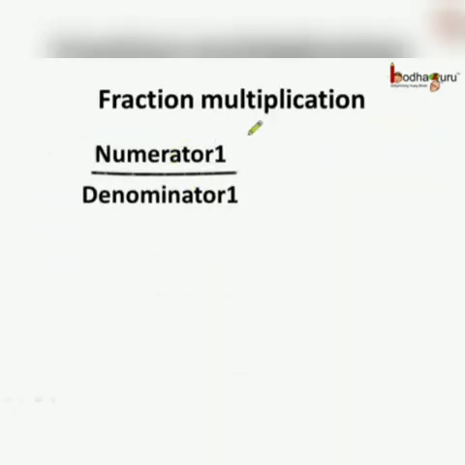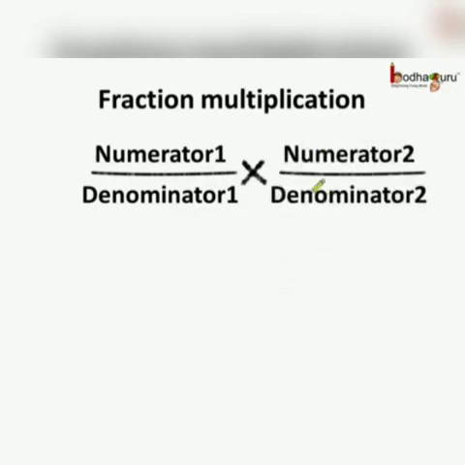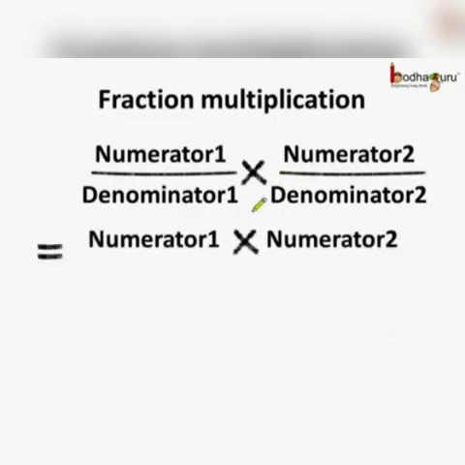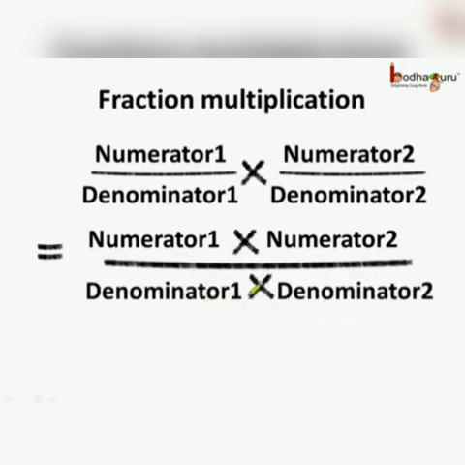So in fraction multiplication, if there are two fractions, say fraction 1 consists of numerator 1 by denominator 1, and we need to multiply it by another fraction which has numerator 2 by denominator 2, then the multiplication is equal to the product of numerator 1 and numerator 2 divided by the product of denominator 1 and denominator 2.